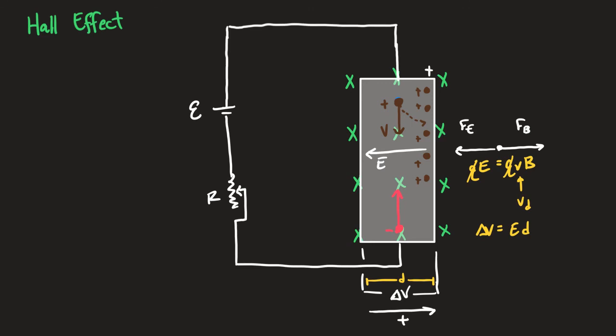Also to the right. You see that? They're also going to be pushed this way, which means if they're negative particles, I'm going to get a bunch of negatives lining up over here.